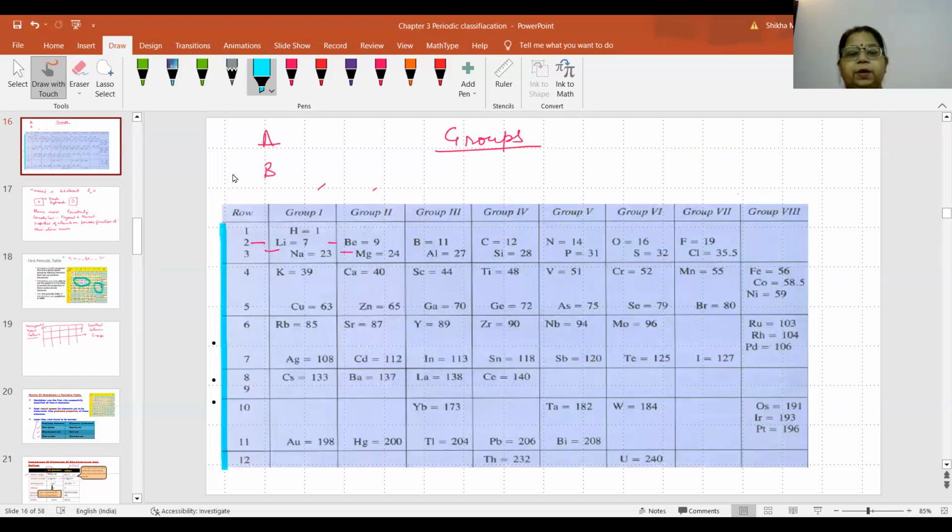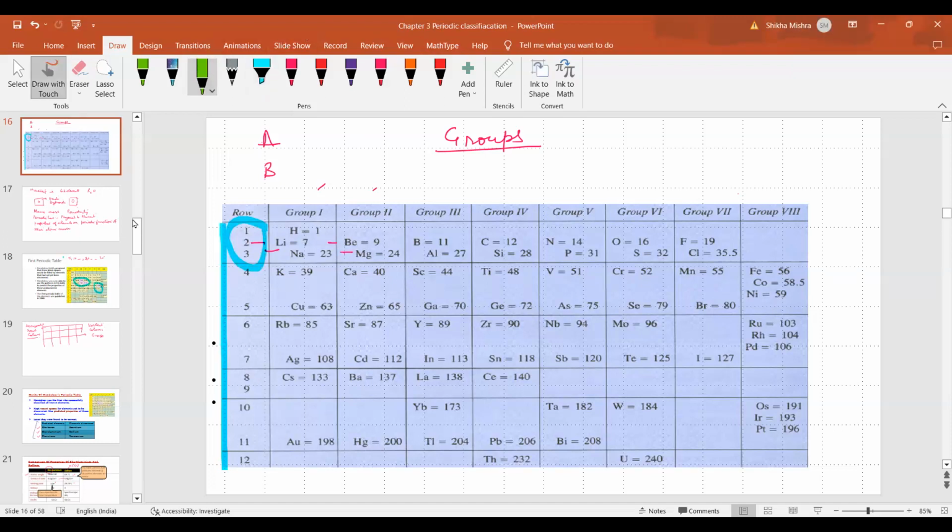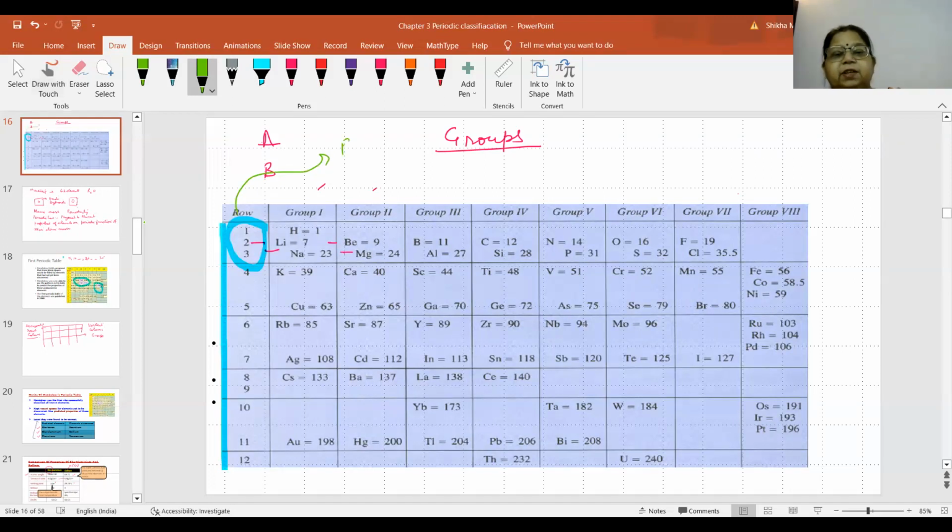The best way to explain is that whatever is written in one box, right? This one, since it is the first, is considered period 1. This entire one is period 1. I say that period 1 is divided into 2 parts, A and B. Hydrogen, you can see, is a unique thing.